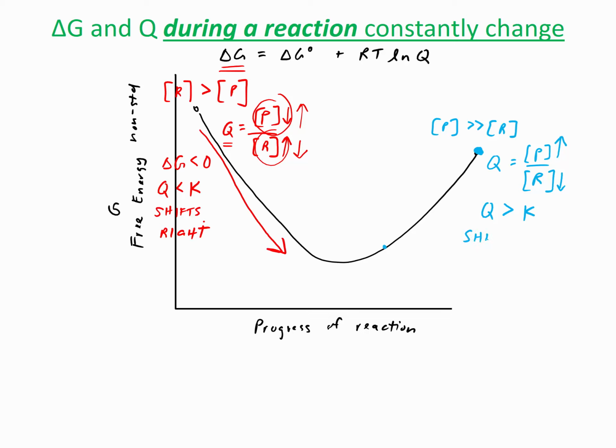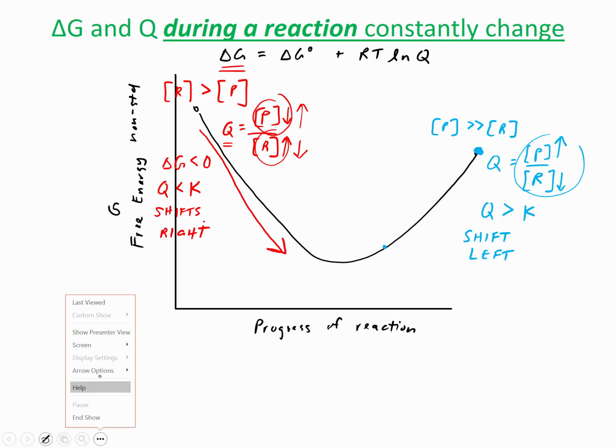And we know all this. This is really nothing new. This is all the same stuff from our equilibrium unit. So it's going to shift to the left to increase that reactant amount and lower that product amount. Okay, and this is going to be some huge numbers.